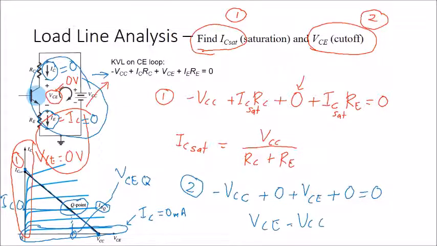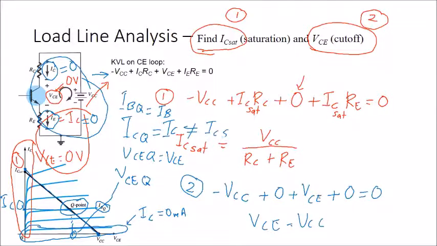For example, IC just now, we can use ICQ instead of just IC. Let me rewrite. So IC actually equals ICQ, and VCEQ is equal to VCE. That's what we calculated just now. And also IBQ is equal to IB, but it's not equal for the IC. It's not equal to IC saturation.